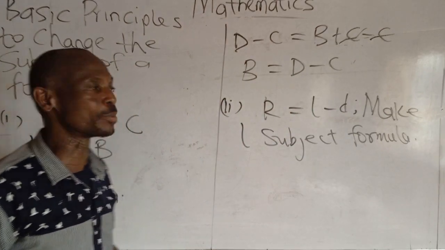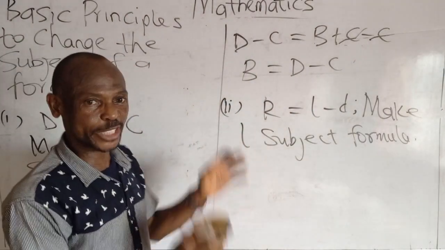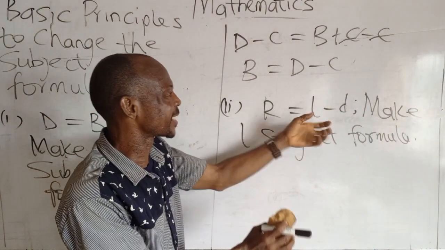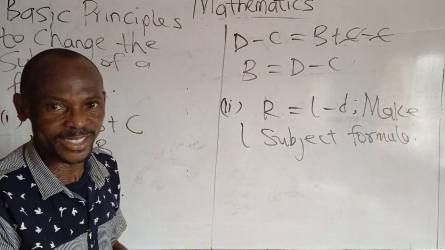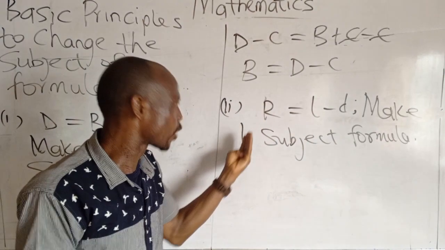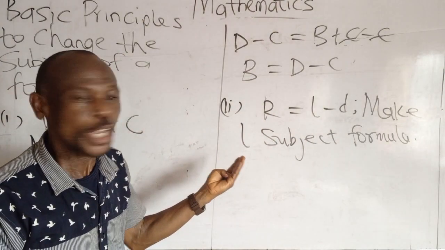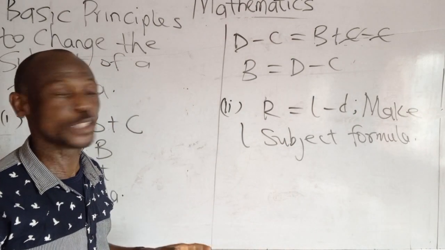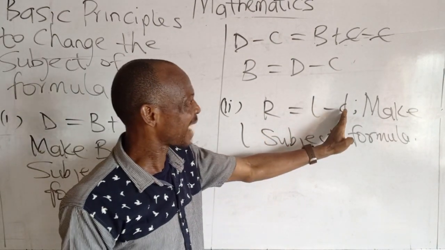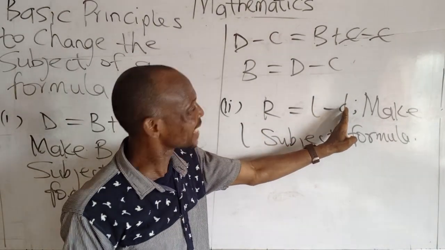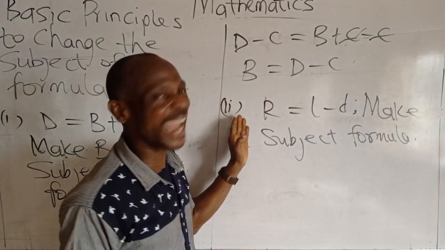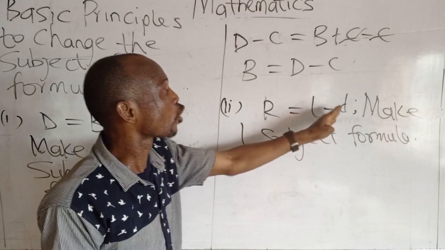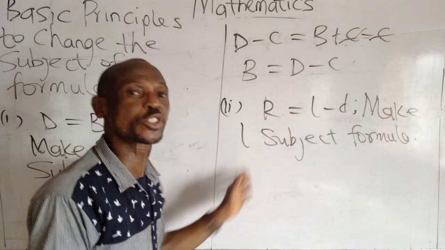Now the second principle here is that when a value is separated by a negative sign, when it's crossing the equality, it turns to positive. That simply means if we want to carry a value or a letter that is carrying a negative sign to the other side of the equation, we are going to add that value to both sides.